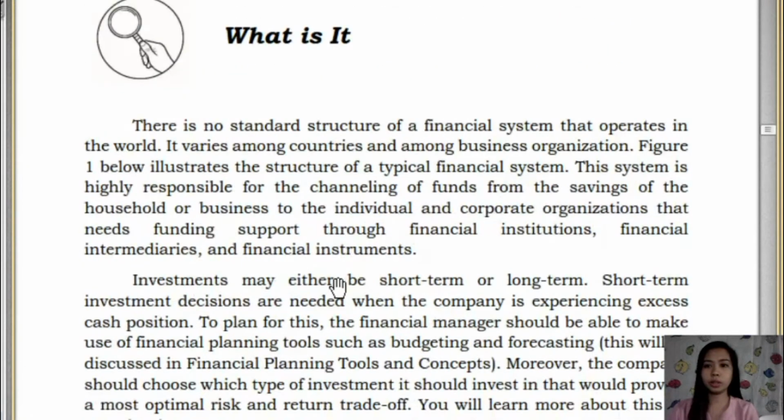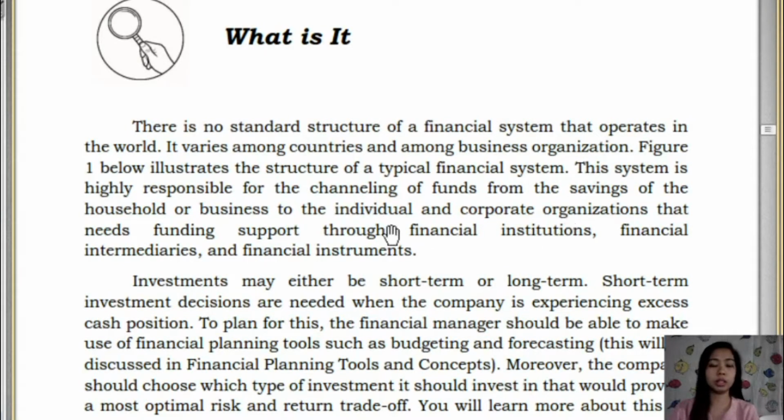So let's start with lesson 1, flow of funds. According to our reference, there is no standard structure for a financial system that operates in the world. It differs among countries and among business organizations, because there are big business organizations and also small business organizations, so their financial structures vary from each other.